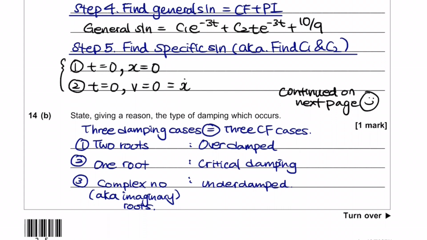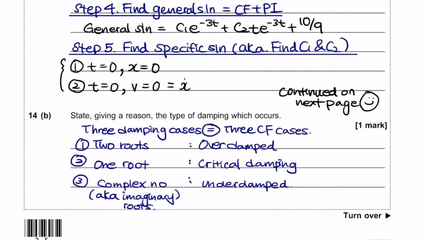14b. If the question is asking for the damping cases, there are usually 3 cases, which are equivalent to 3 complementary function cases. In part A, we've discussed 3 different complementary function cases, which are 2 distinct roots, 1 equal root, and complex number or imaginary roots.